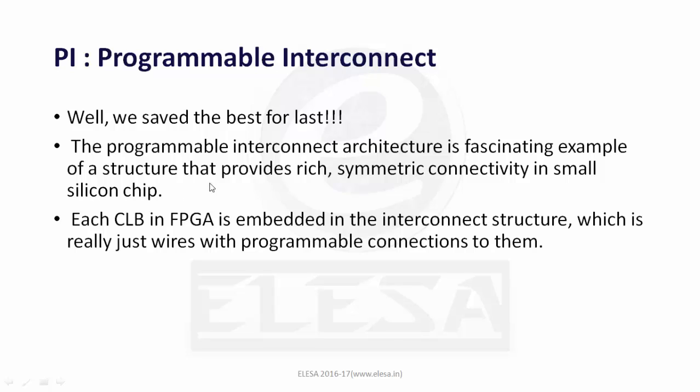We are using the word that the FPGA is configurable, the FPGA is programmable. All this programmability is achieved with the help of the programmable interconnect. Each CLB in the FPGA is embedded in the interconnect structure, which is really just wires with programmable connections to them.